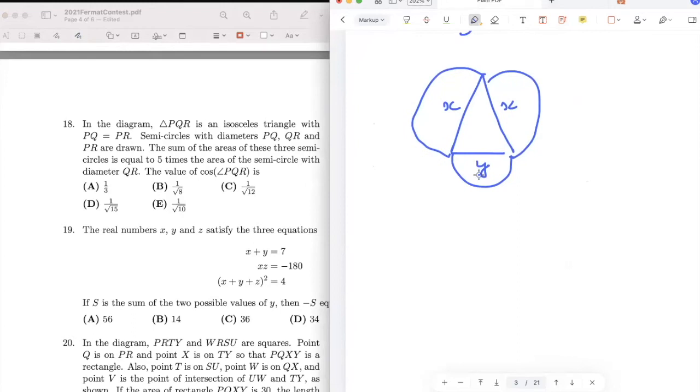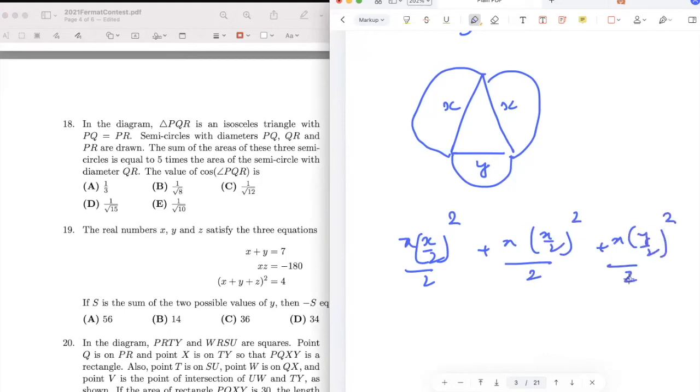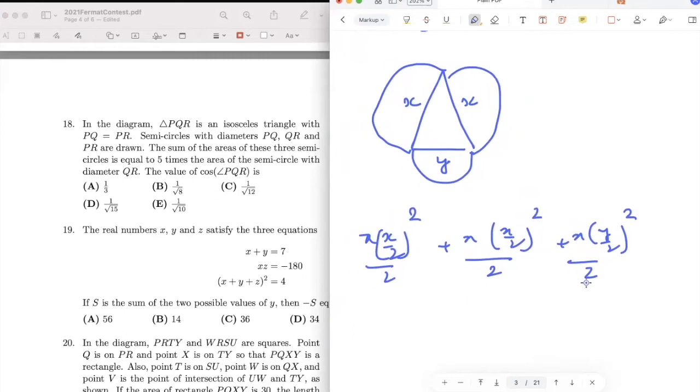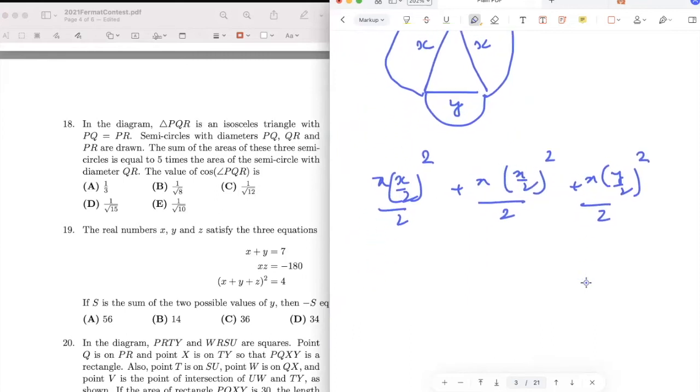So the sum of the areas would be pi (X/2)^2 by 2 plus pi (X/2)^2 by 2 plus pi (Y/2)^2 by 2. That sum is 5 times pi (Y/2)^2 by 2, right? Yeah.